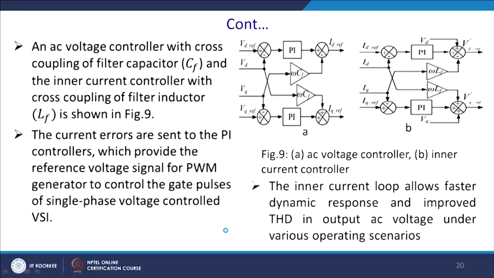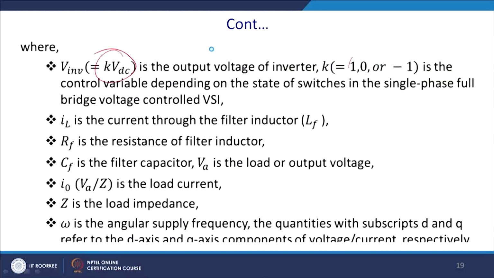Now, we have to control this loop. An AC voltage controller with cross coupling, because you can see that omega terms come, omega LF comes with the cross coupling.